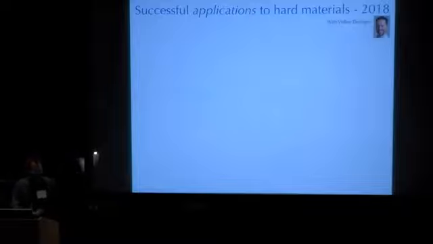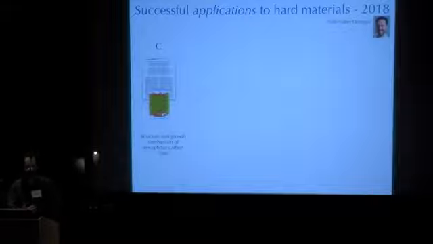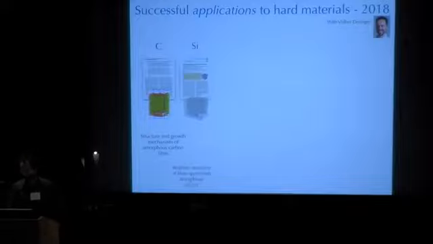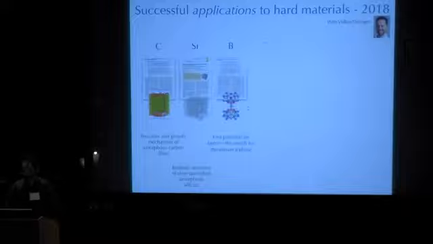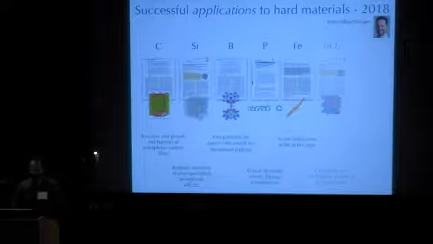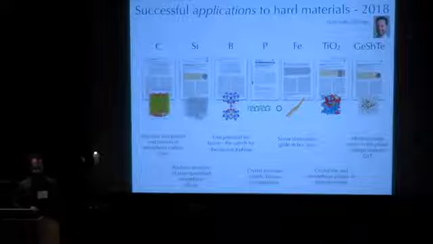We're actually going out to the material scientists and saying, you can simulate growth of amorphous carbon, which is, again, a technological coating, with our models, and get the right answer and infer why that happens. We can simulate amorphous silicon, find new structures of boron, phosphorus, iron, titanium, phase change materials that are in your Blu-ray discs, germanium antimony telluride.